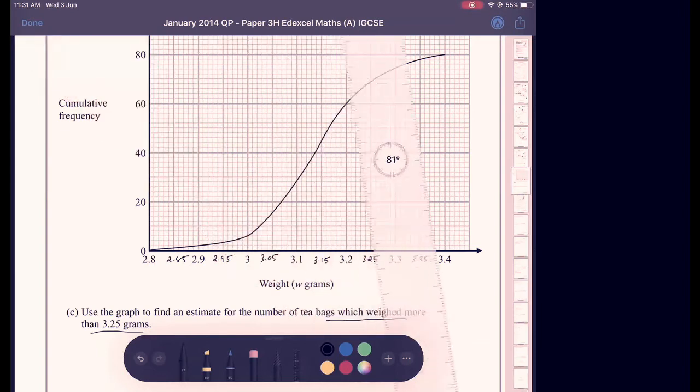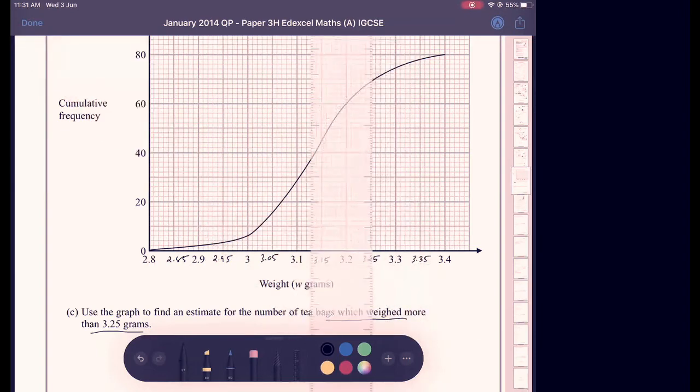So if you draw a vertical line through 3.25, this is the vertical line I drew through 3.25.